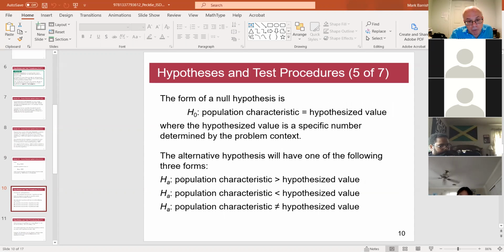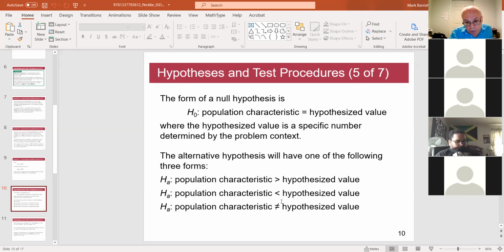Now, the alternative hypothesis is going to be one of three types. It's either going to be greater than that number, less than that number, or not equal to that number. And we're going to be using the following language to define these three types. We're going to call the first one a right tail test. We're going to show you next week why we call it that. It's called a right tail test because there's a greater than symbol here.